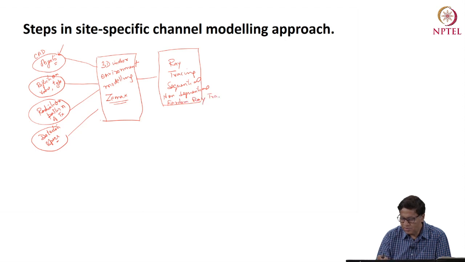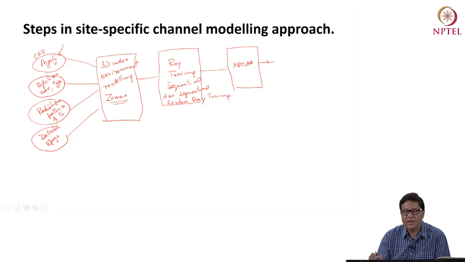So one can use different types. And then once you have done this ray tracing using one of these methods, the data is imported to MATLAB, for example, and you are able to model the channel. So what you get is channel impulse response, or modeling the channel.